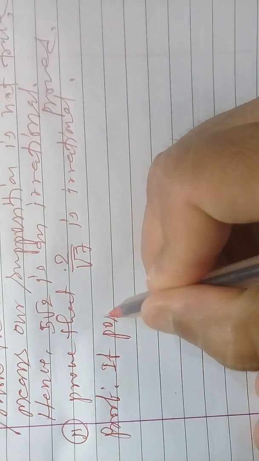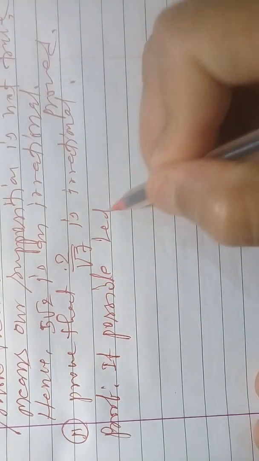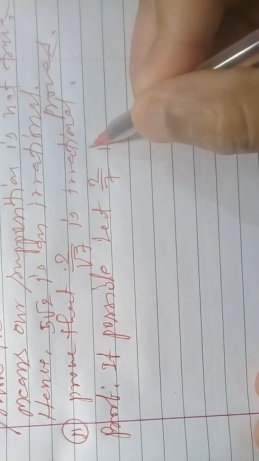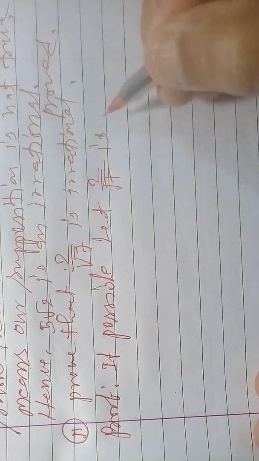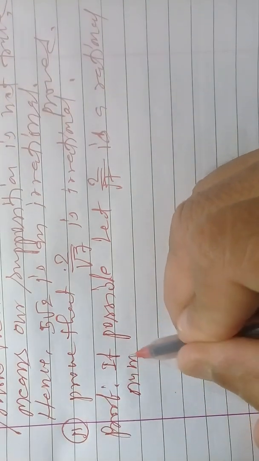If possible, let 2 by root 7 be a rational number.